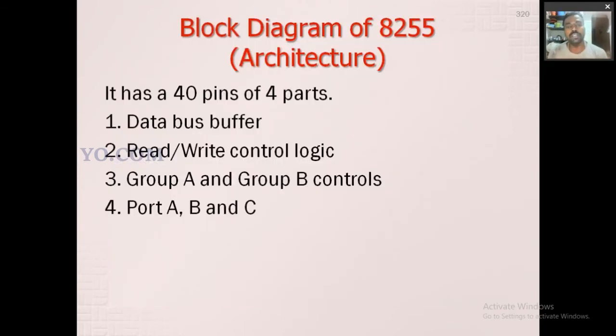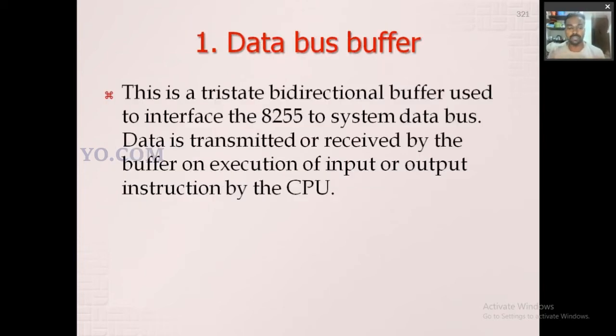Then the block diagram explanation, the architecture explanation. It has 4 major blocks: data bus buffer, read-write control logic, group A and group B control, then port A, port B and port C. The data bus buffer is a tri-state bidirectional buffer used to interface the 8255 to the system data bus.